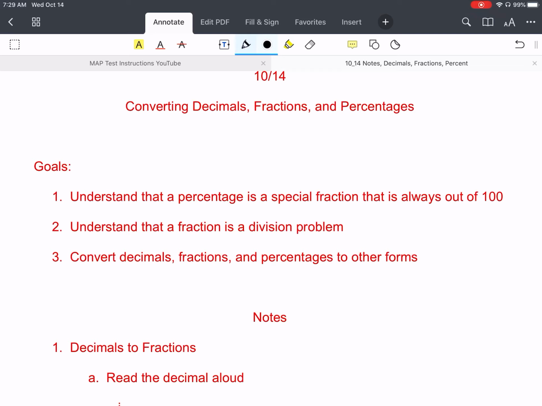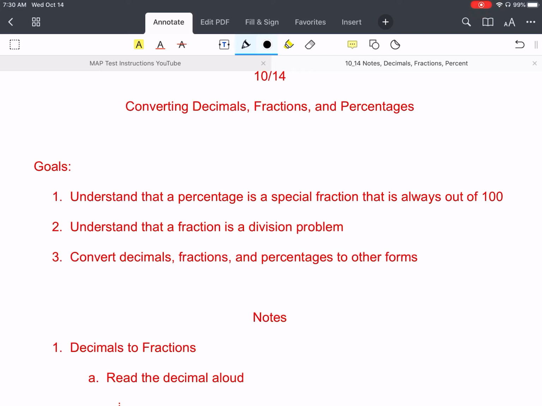Goal 2, understand that a fraction is a division problem, and I try to say that a lot throughout the year. And goal number 3 is, of course, to be able to complete the assignment by converting decimals, fractions, and percentages to other forms. And those other forms are just themselves. Those three are the only three things that we are dealing with.